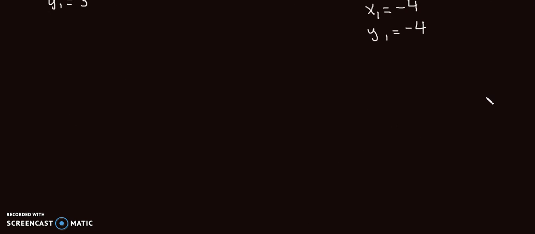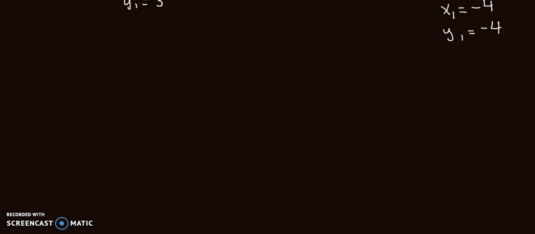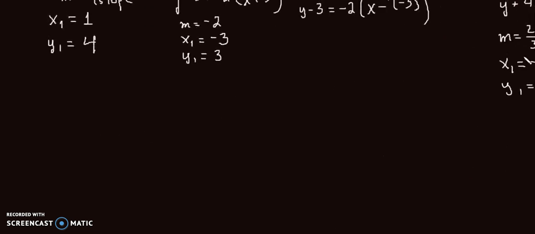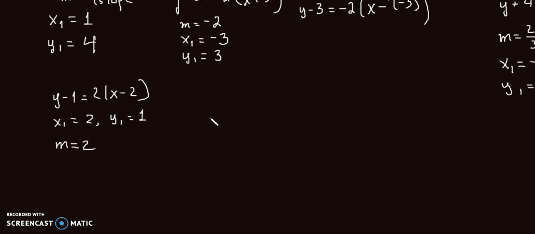Now what happens if we want to graph a point-slope form? Just quickly, for example, if I have y minus 1 equal to 2 times x minus 2, I would identify my x1 as 2, my y1 as 1, and my slope as 2.